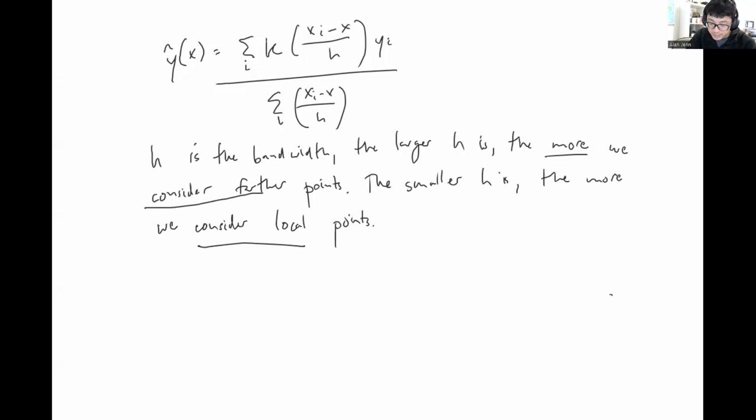And the whole idea is that H normalizes xi minus x when big, and H magnifies xi minus x when small.